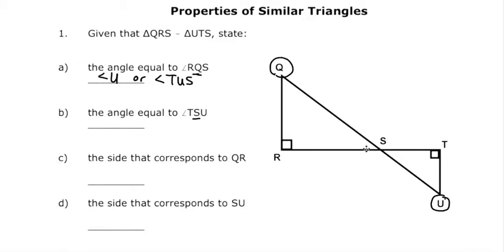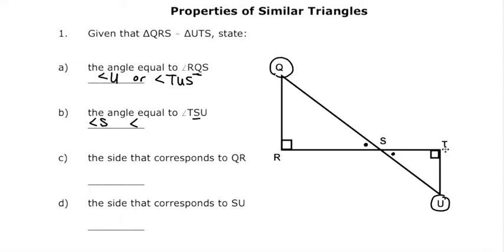So anytime two lines intersect, the angles across from each other are going to be exactly the same. That's one of our angle property theorems that we know. So we know that this angle S needs to be the same as this angle S. And I could call it angle S, but because they're written the same, we have an angle S in the small one and the big one, you might want to label it using the 3 letters.